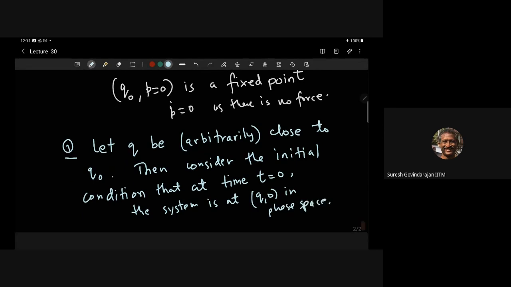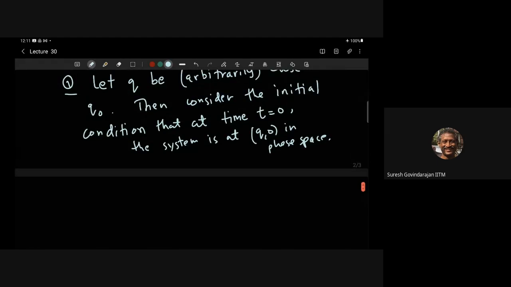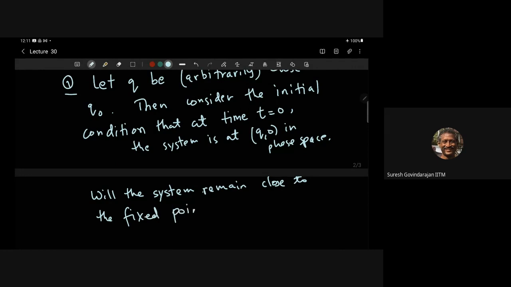Then the question is: will the system remain close to the fixed point at later times? This is the question.